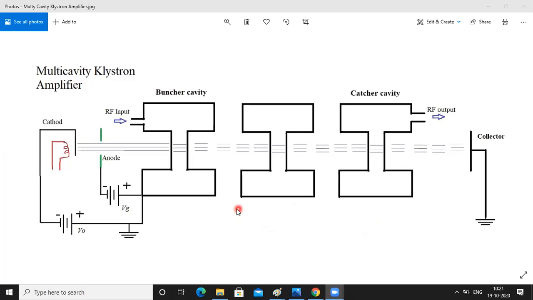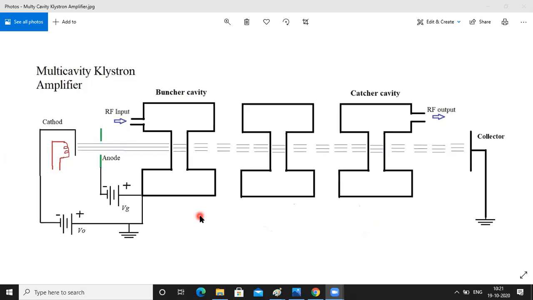But it affects the gain, which gets reduced. This slightly different frequency tuning is called stagger tuning.